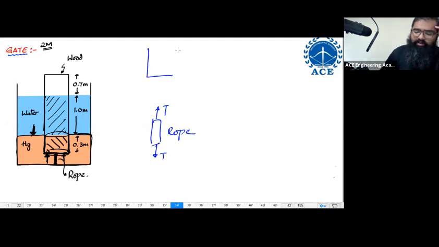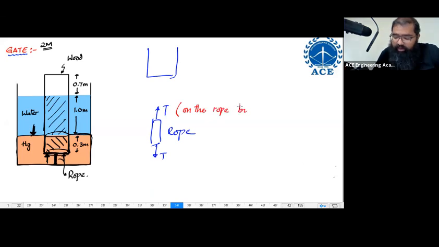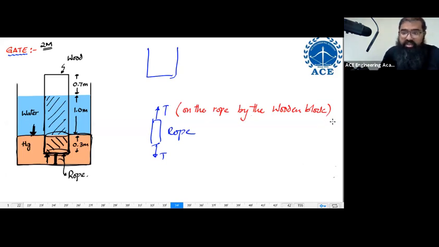Now this is a wooden block you are having. You see, this T was applied by whom? Here Newton's law becomes important. This is on the rope by the wooden block. Suddenly, when you write this thing, Newton should come up. What does Newton say now? Action has been done. Call this the action.